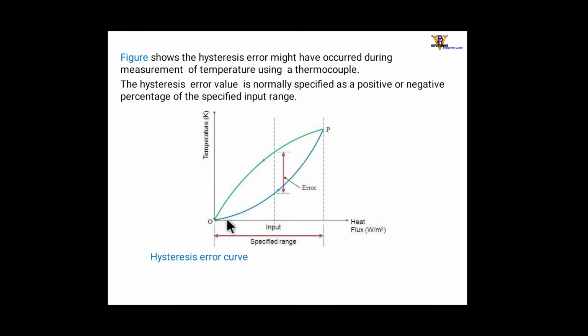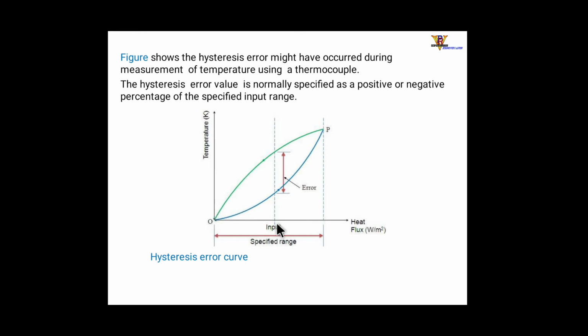When we increase the heat, it will give some temperature values, and we will plot this curve. Then we again decrease the heat from the higher value to the lower value, from this B point to O point, and we get a temperature curve again here.